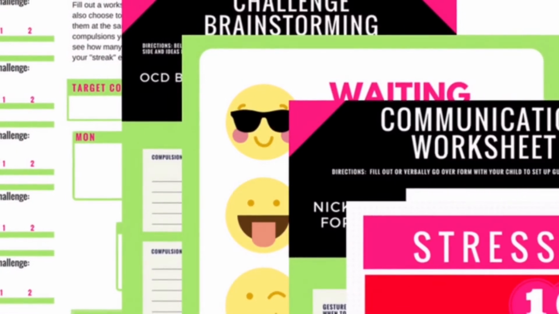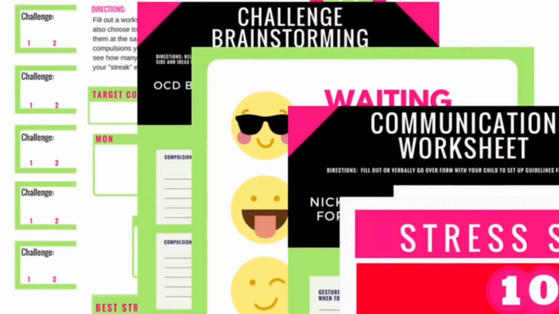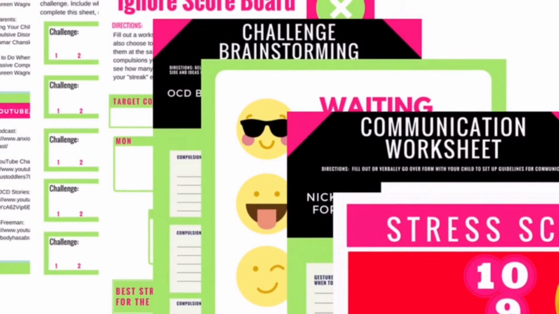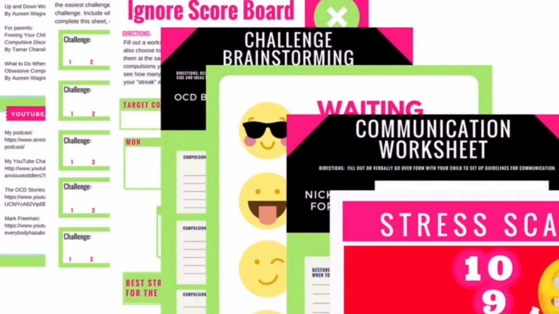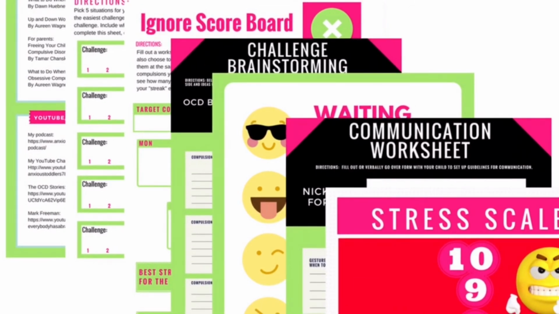Not only do you learn exactly how to implement cognitive behavioral therapy and exposure response prevention techniques at home, but you are given 23 handouts and worksheets that you can do with your child to implement the things that I teach you in this class.